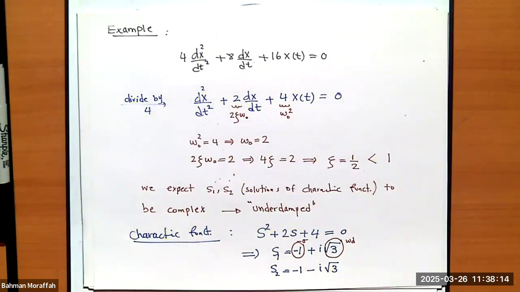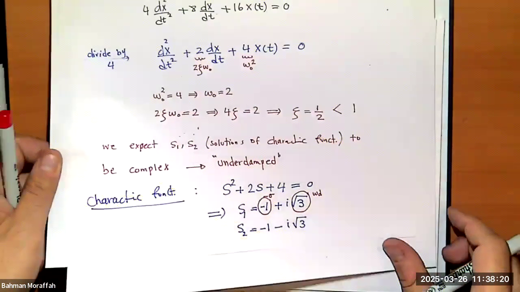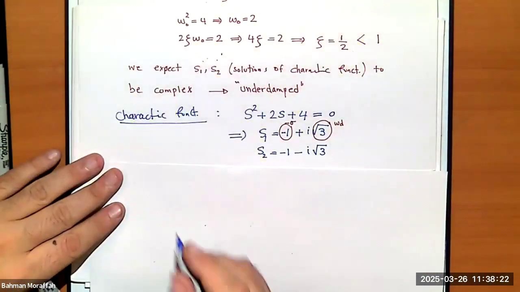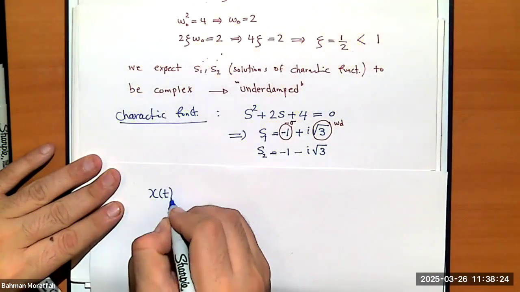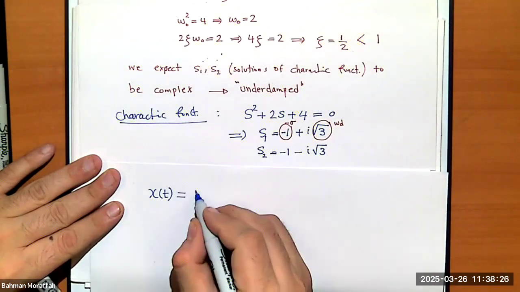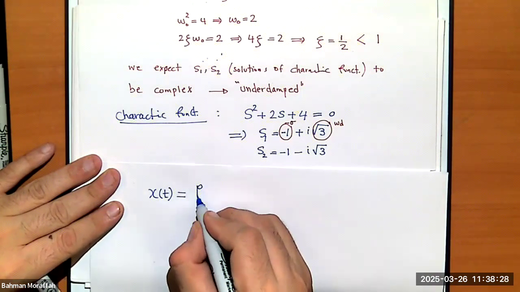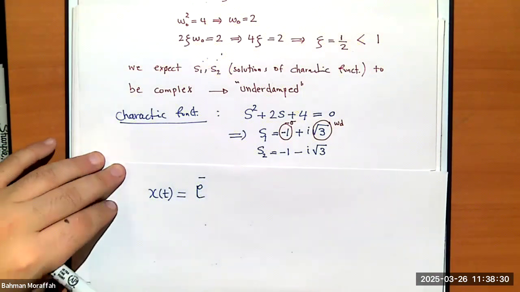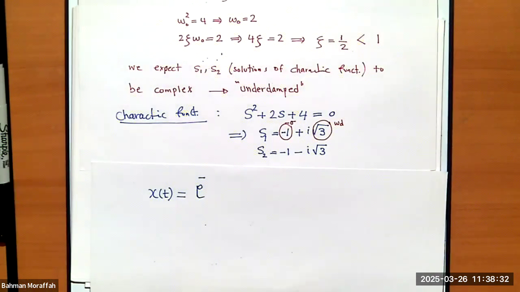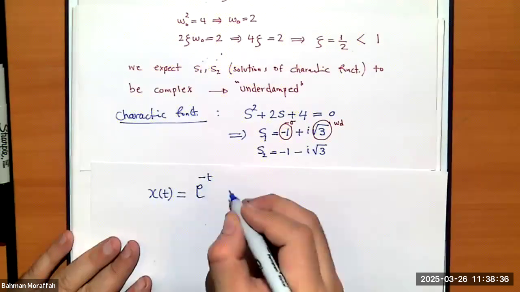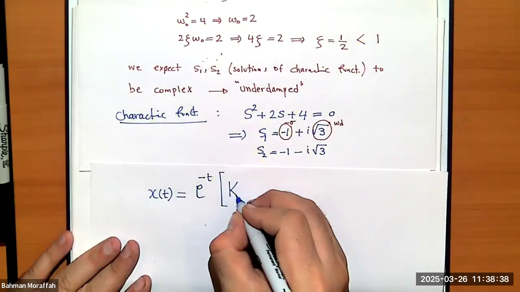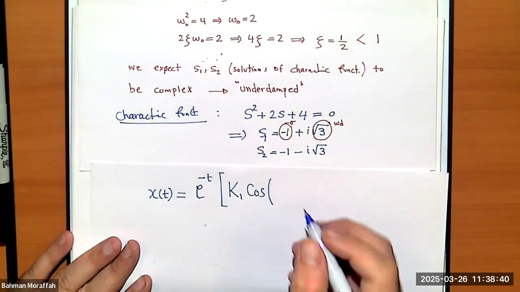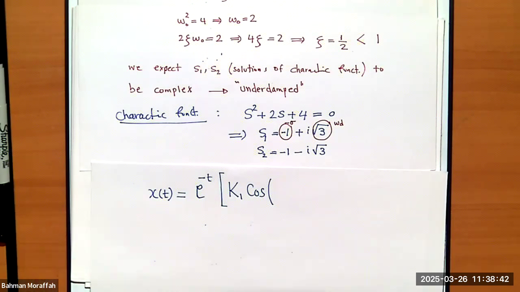So I know exactly what my solution looks like. I know my solution x of t is e to the power of minus sigma t, which is minus t, because minus sigma is minus 1, times k1 cosine omega d t.